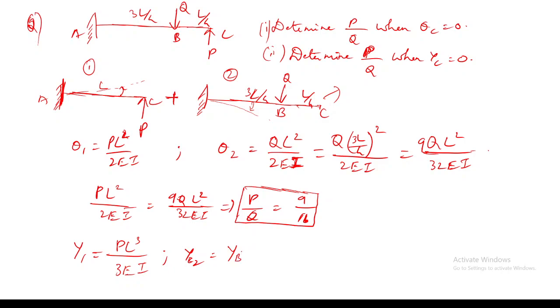YB plus theta B into L by 4. Theta B into L by 4, yes. Okay, so what is YB for the second case? Q into what is the length I should take here? 3L by 4, right?